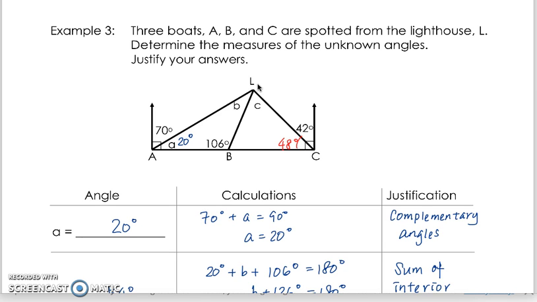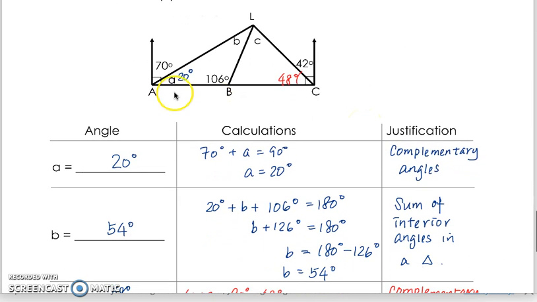So when you look at a big question like this, make sure you focus on one angle at a time, and you look for angle properties that will help you to solve this problem. You do not need to go in the order of angle A and then angle B and then angle C. Go in any order that you think you have the most information for.